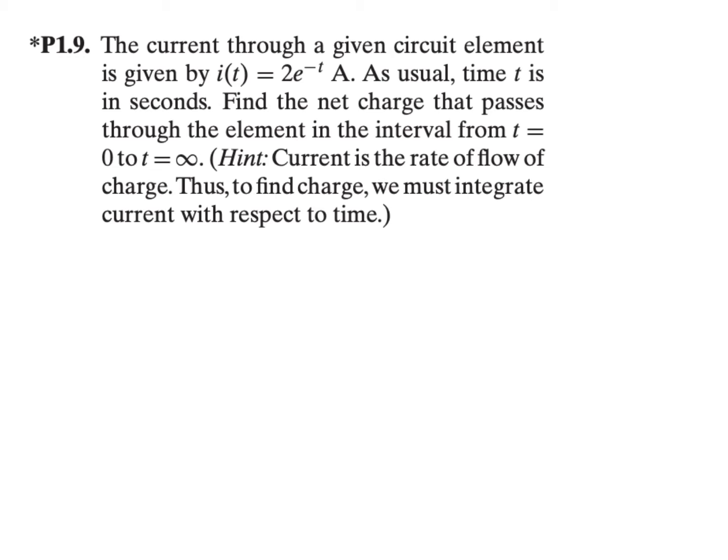Question P1.9. The current through a given circuit element is given by i(t) is equal to 2e to the negative t mA, as t is in seconds, and find the net charge that passes through the element in the interval from t is equal to 0 to t is equal to positive infinity. So we have i is equal to 2e to the negative t, and we need to find q.